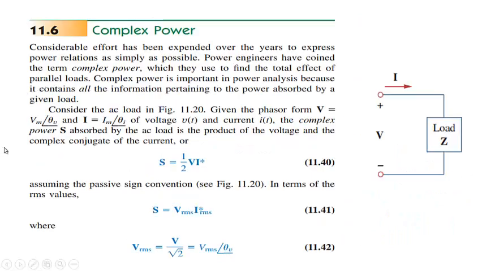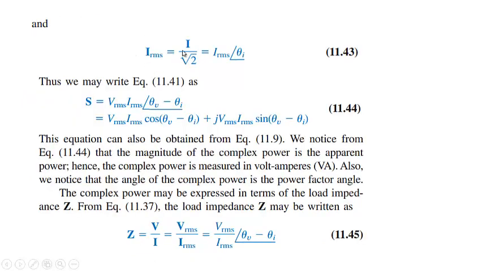Okay, so complex power is defined like this, assuming a passive sign convention, as we have to assume. So we're consuming this V into I, so S is equal to Vrms into Irms conjugate. Here Vrms is equal to Vm by root 2, Irms is equal to Im by root 2, that is Irms angle of theta I. So S is equal to Vrms Irms angle of theta V minus theta I, when I have written them in terms of polar form, not in terms of phasors.